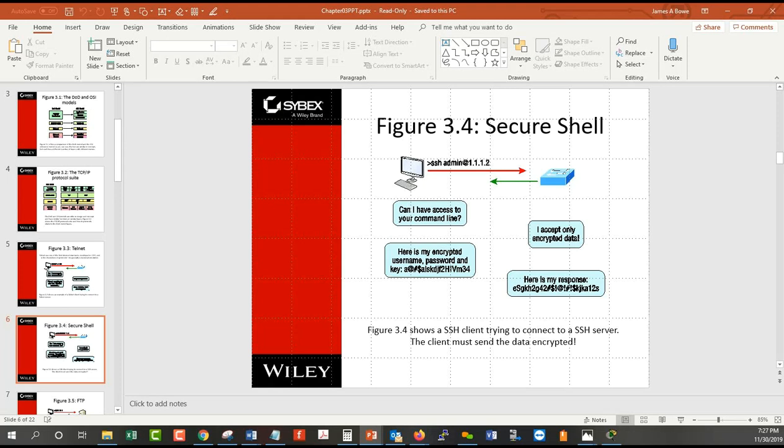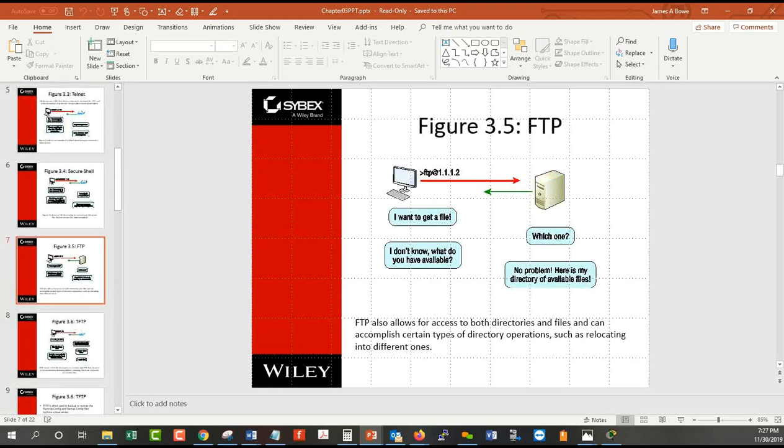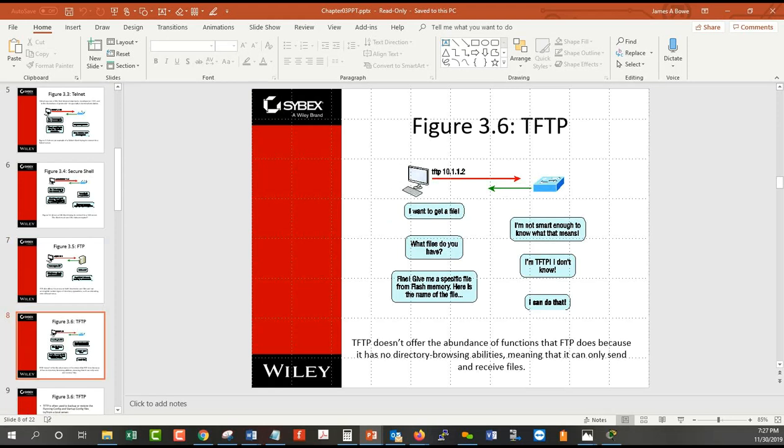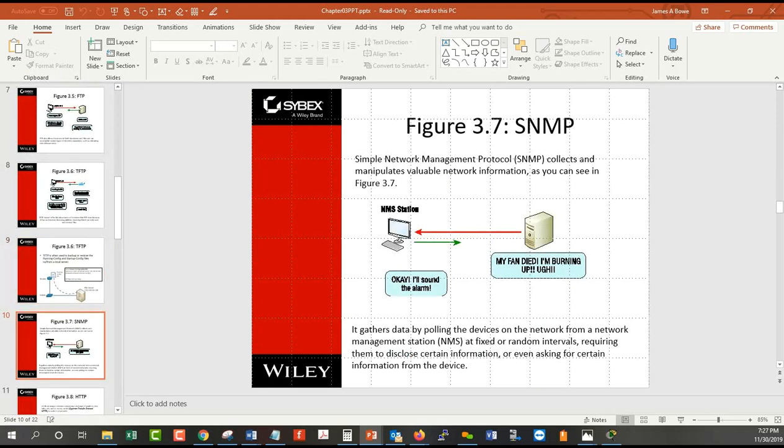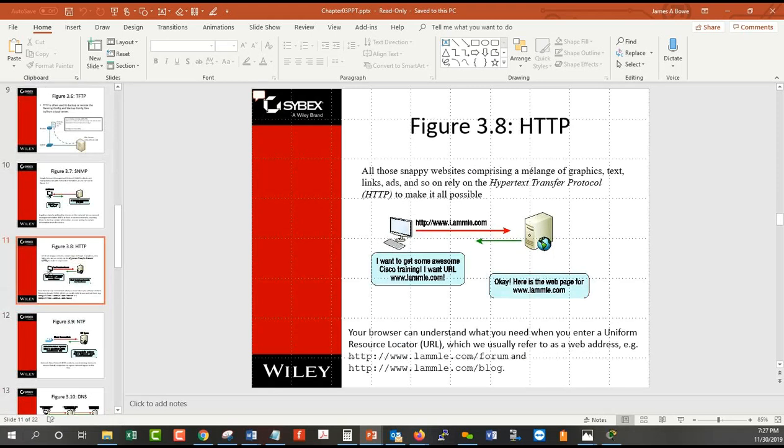Know the different protocols that we have in here. And for stuff like FTP, you should know what ports FTP uses, or what ports TFTP or SNMP. Know the ports on these, as well as know what they're used for.